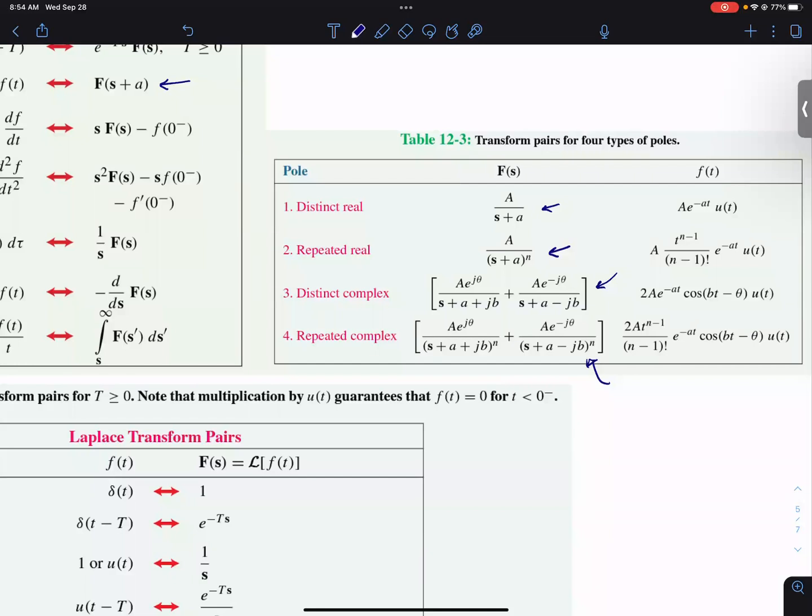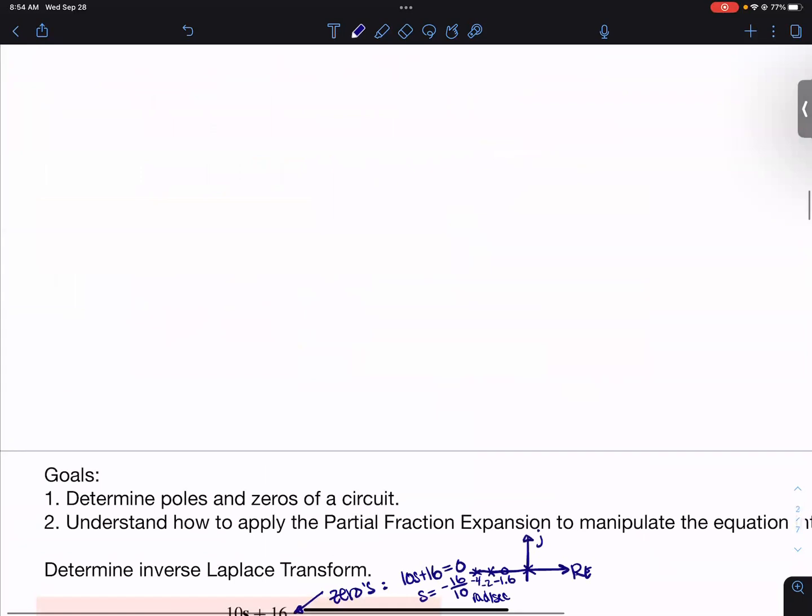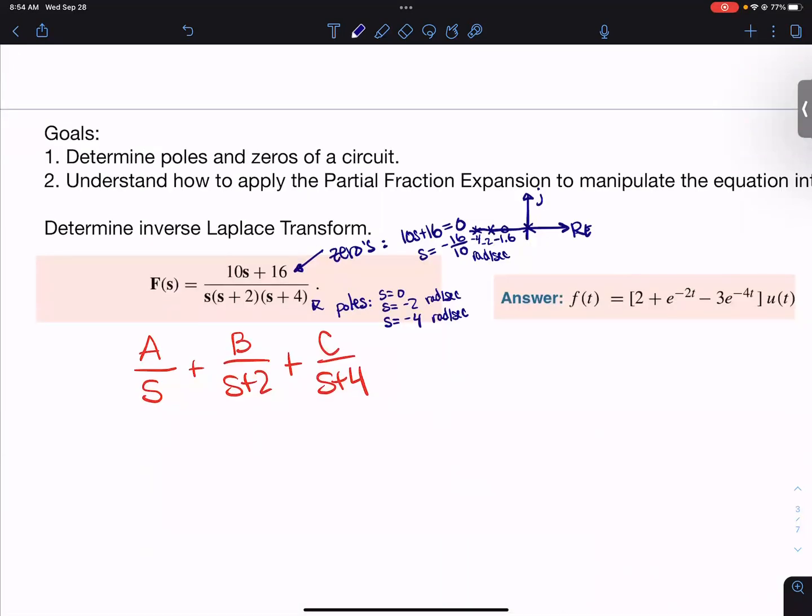That makes sense? Okay, so let's look more at that partial fraction expansion. And let's look at something like this, where we need to solve for A, B, and C. You are welcome to use whichever method if you've already learned this in math.